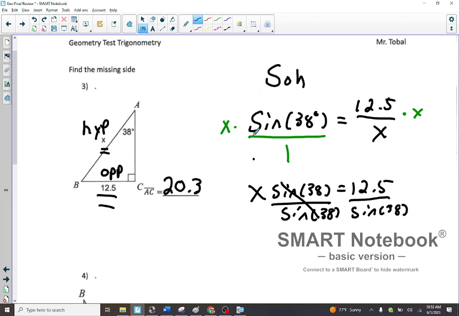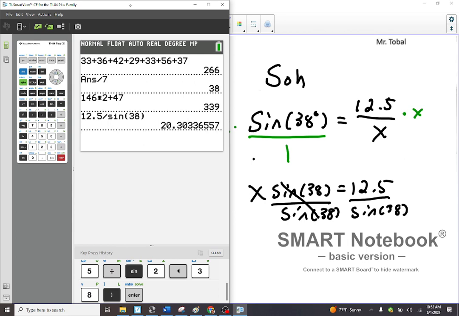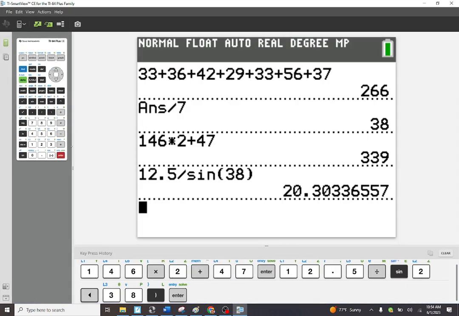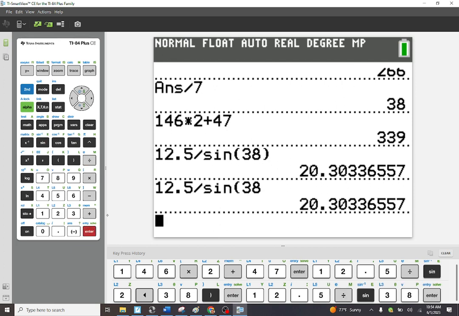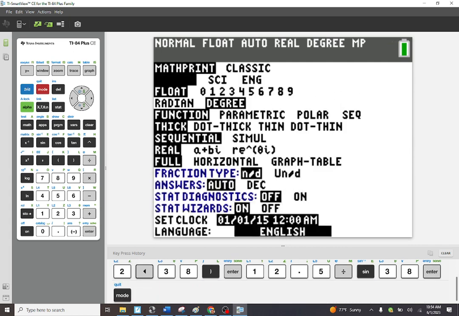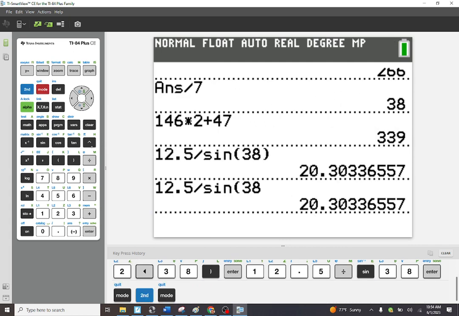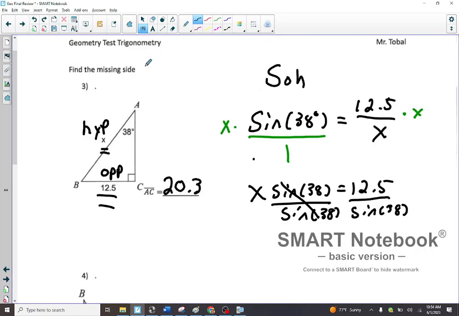After that, the calculator does the work. Wait, how do you put that in the calculator? So I do 12.5 divided by, I click sine because of sine, 38. Let me just check how many degrees here.